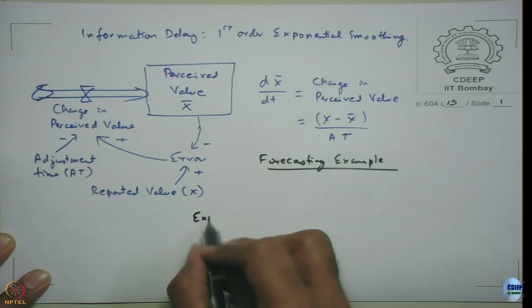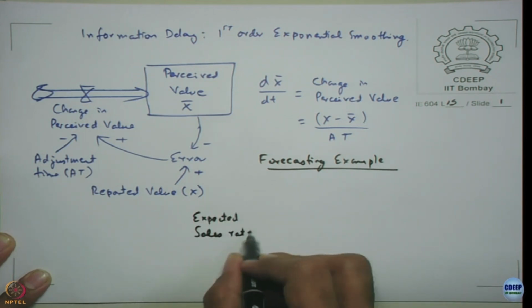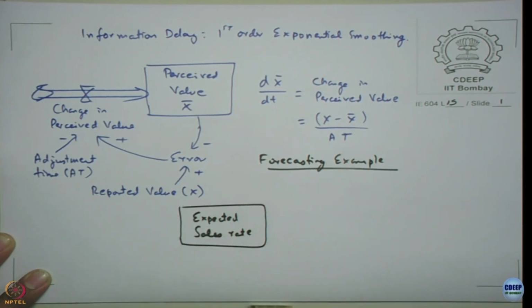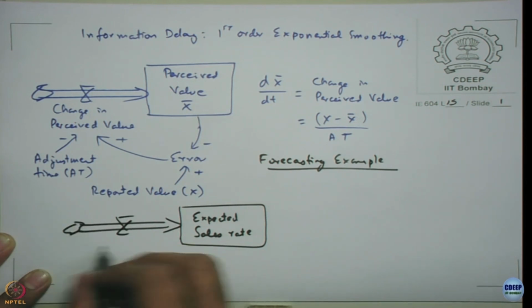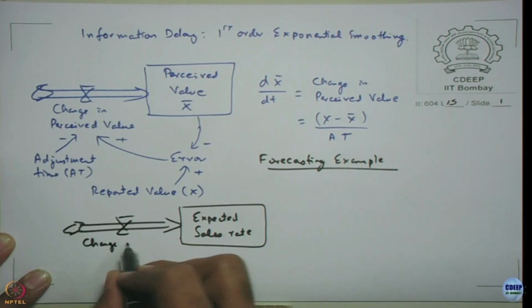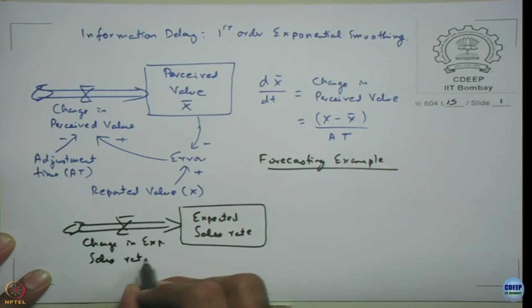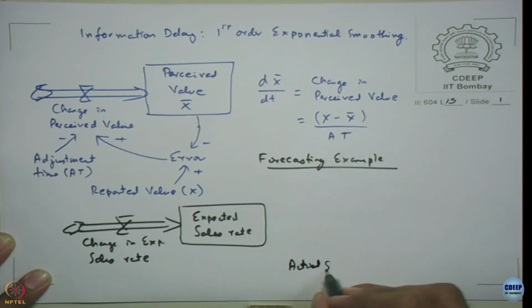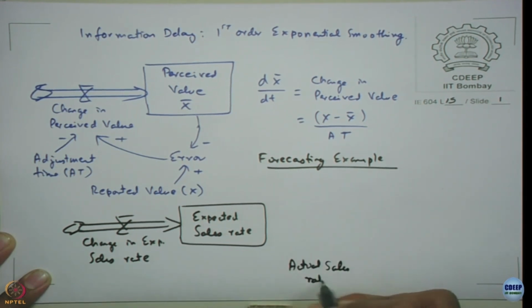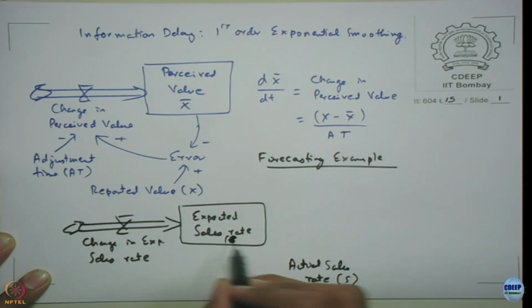Let us call it the expected sales rate, and the change in expected sales rate. Let us define the actual sales rate as S, and the expected sales rate as S hat.